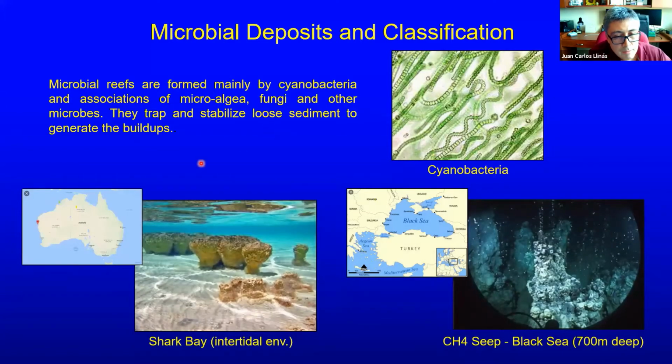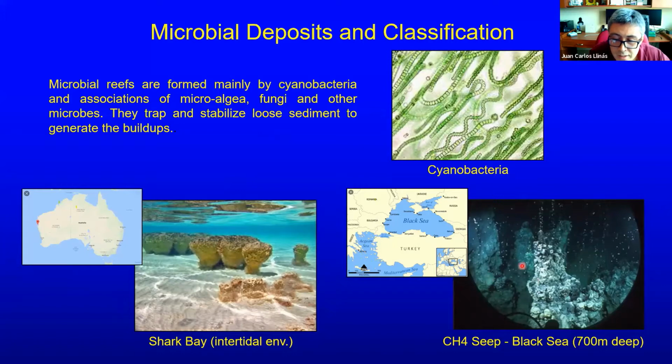Today we can see living examples of these microbial buildups in many places on the earth. Like this one here, the famous stromatolites in Shark Bay on the western coast of Australia, where they live pretty much in an intertidal environment.